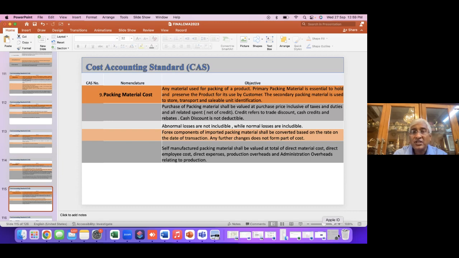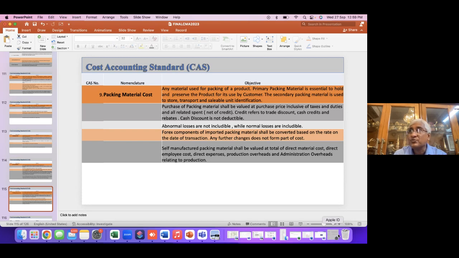Cash discount is not deductible. Abnormal losses are not includable, while normal losses are includable. So same thing, any abnormal item is not considered. Forex components of imported packing material shall be converted based on the rate on the date of transaction. Any further changes do not form part of cost.